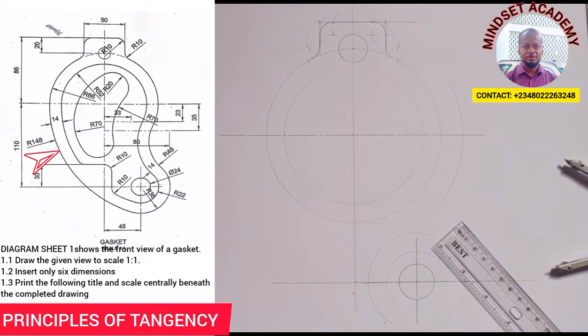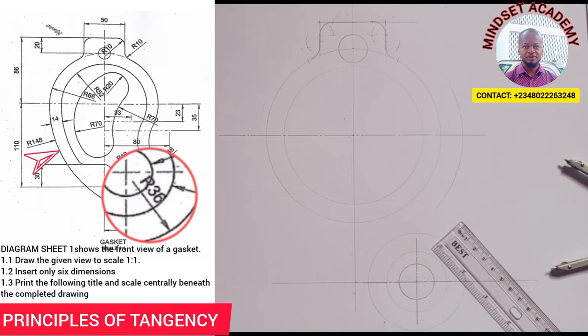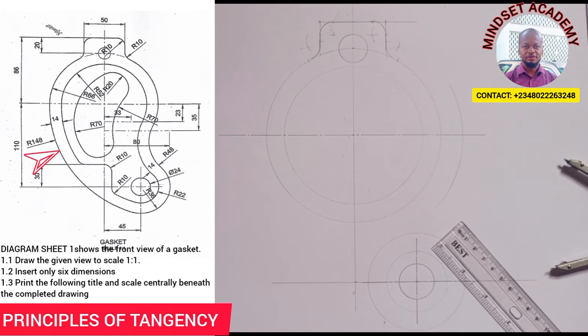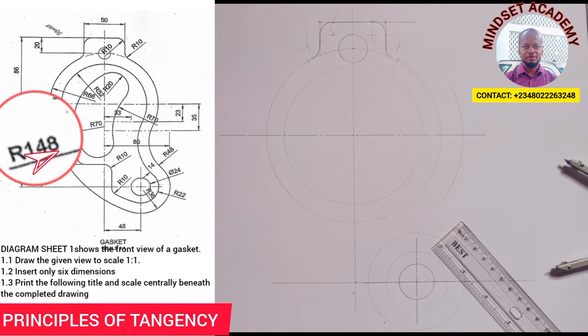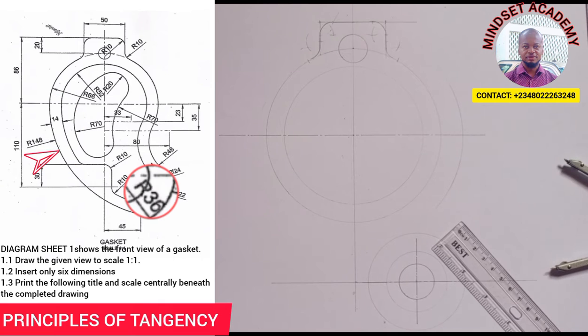Now the next thing is this other one here. The radius is given to be 36. So I am going to subtract the same 148 minus 36, and we're going to be having 112. So I'm going to measure 112 on my meter rule.